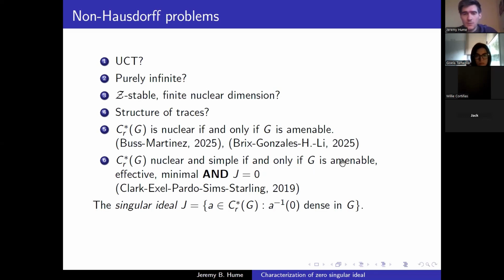Amenability, effective, and minimality are all groupoid properties, except for this J here. J is called the singular ideal. An element in the groupoid C-star algebra can be viewed as a function on G, and the singular ideal is the set of all functions in the reduced groupoid C-star algebra with a zero set dense in the groupoid.